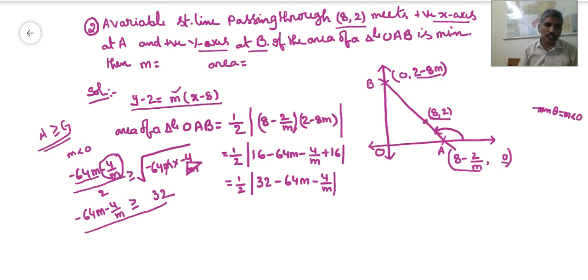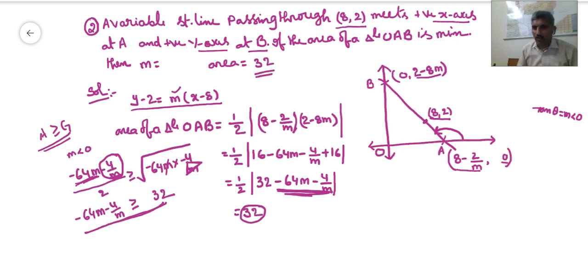That's why m is negative. When m is negative, this value is also positive, right? So that's why minus 64m minus 4 by m we got greater than or equal to 32. Alright, this minimum value we got is 32. This minimum value is 32 means we are getting the minimum area is equal to 32. Minimum area we got is 32.